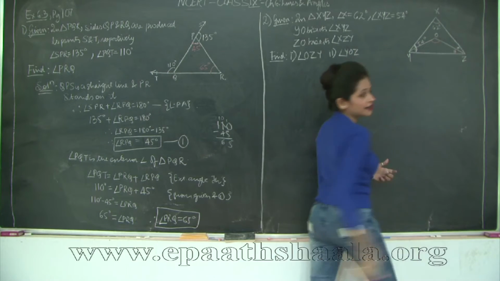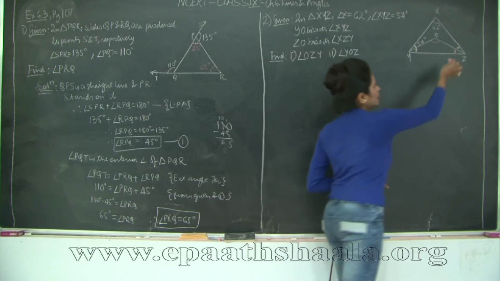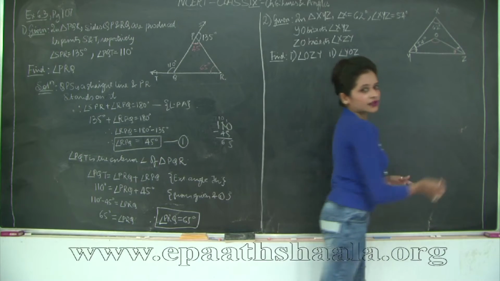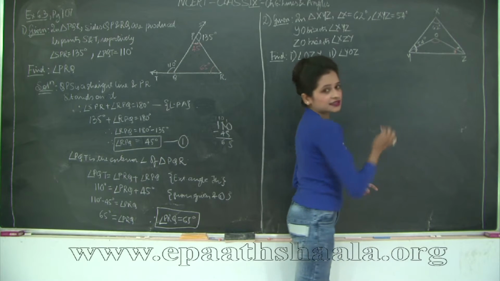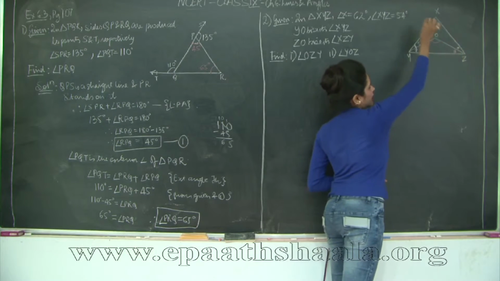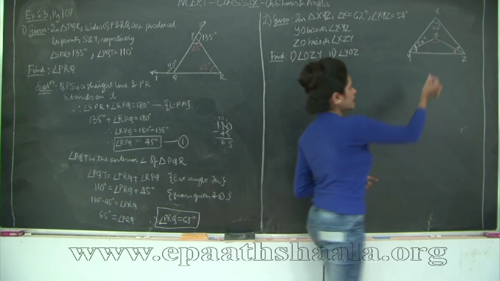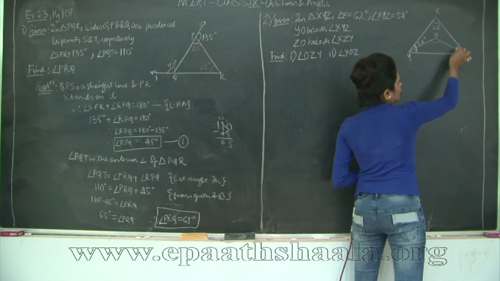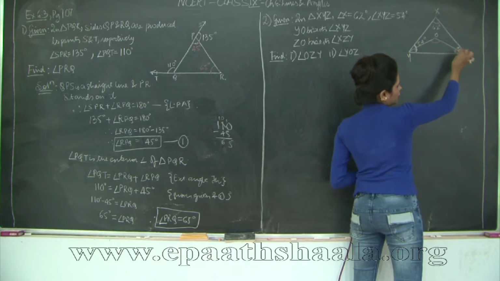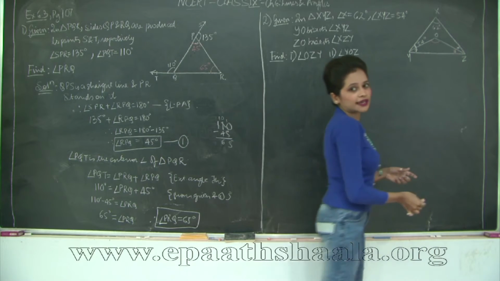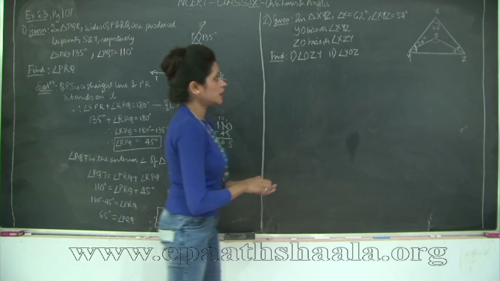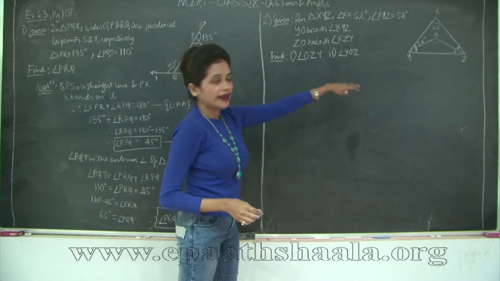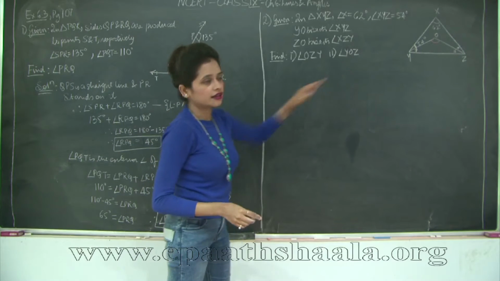So obviously you can find the measure of angle Z, this complete angle Z. But OZ is bisecting angle XZY, so the value of this will be half of whatever value we get here. So let's first find the angle OZY, then we'll proceed with angle YOZ, right?